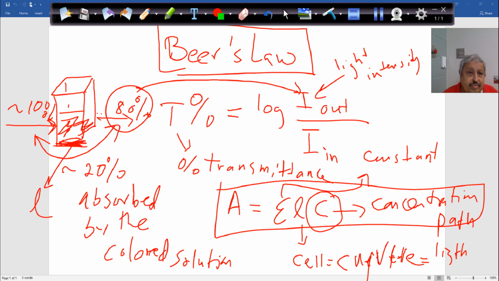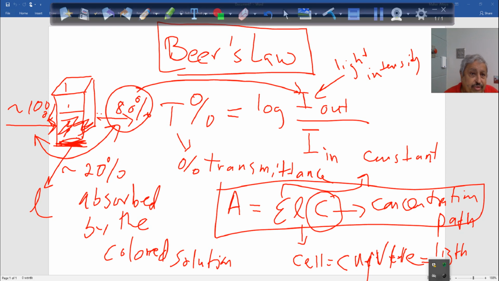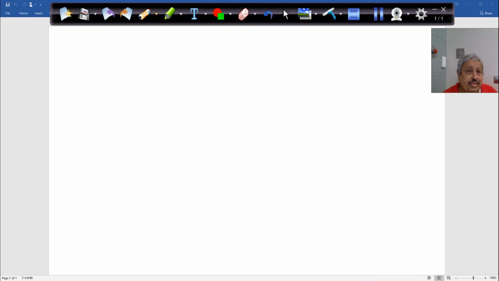Now, with the graph we are looking at today, you can use Excel at home, but at least you have to gather the data here. So everybody has this. What's happening is we are making a compound.